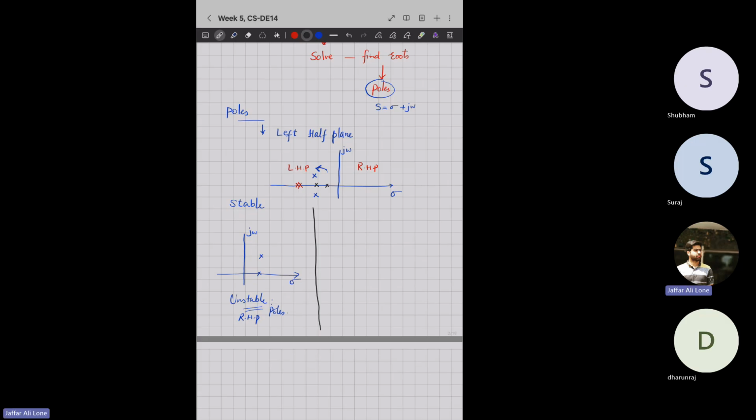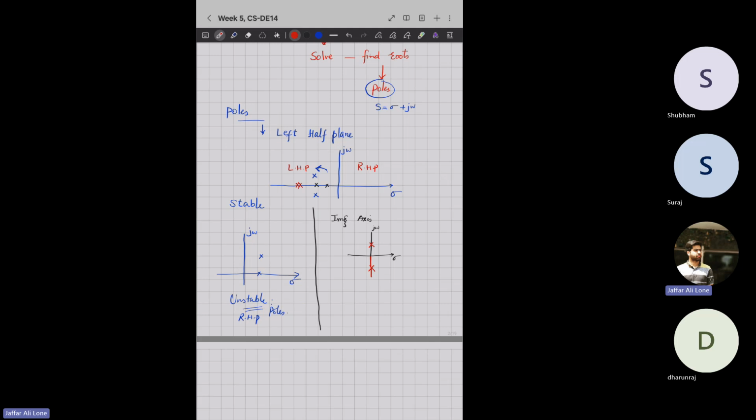What if my poles are on the imaginary axis? If my poles are on the imaginary axis, sigma j omega, let's assume my poles are something like this.